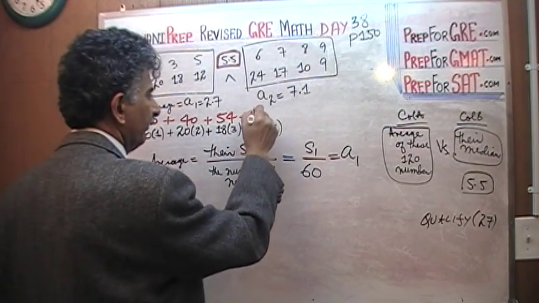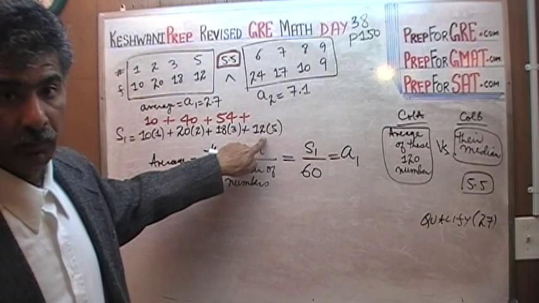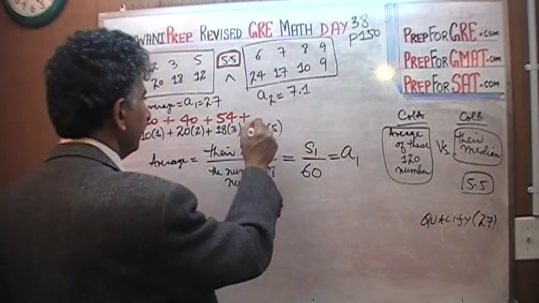plus 12 times 5. Again, I do not know what 12 times 5 is, but I do know that 12 times 10 is 120, and half of 120 is 60.